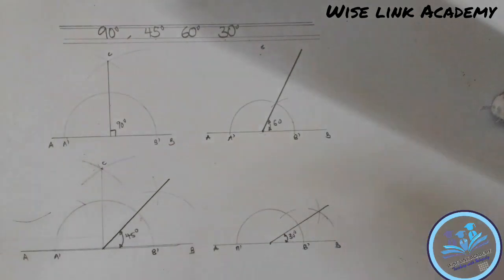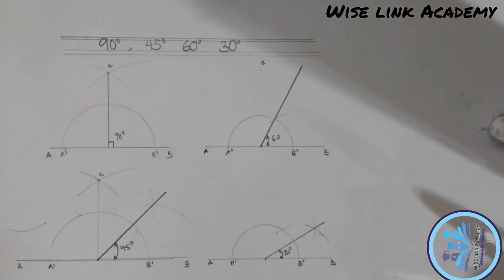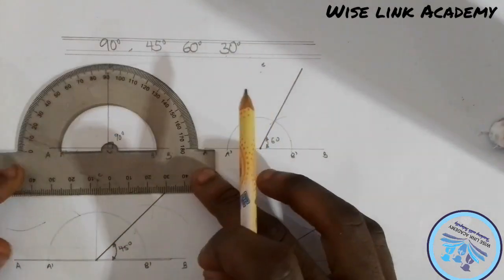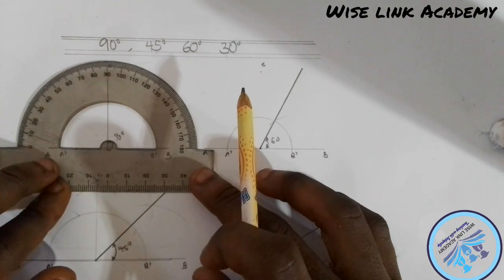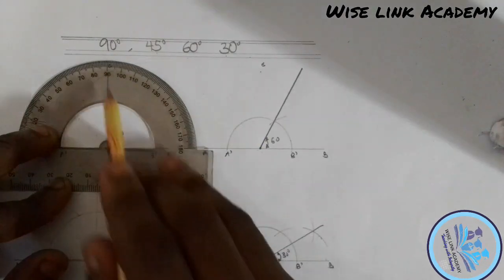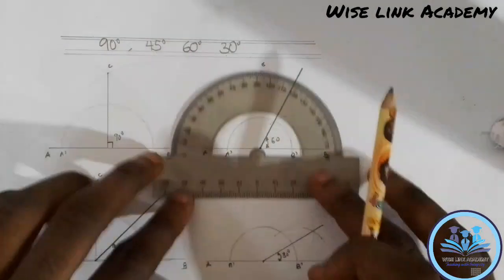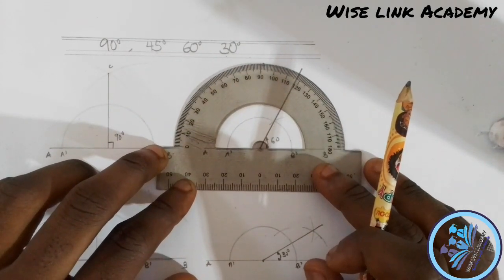But let me prove to you that you are correct. There's a way you check if you are correct. That is, you place your compass this way. You see? Let me show you. As you can see, the line here is touching 90 degrees. This is to check if your answer is correct.